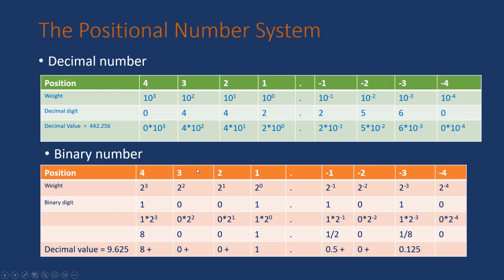This is an example comparing binary and decimal numbers. So the position is very important. When we understand the position, 2 to the power of position number -1, then we are going to know how to calculate the decimal numbers.